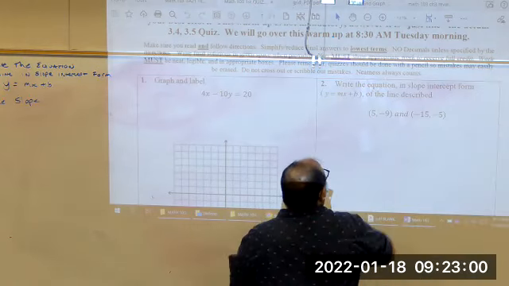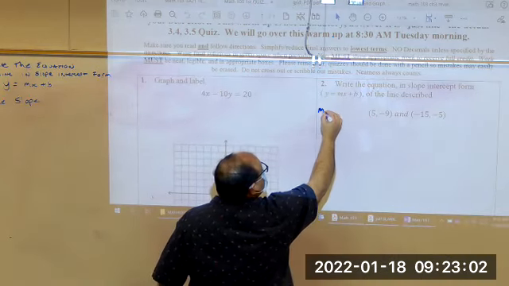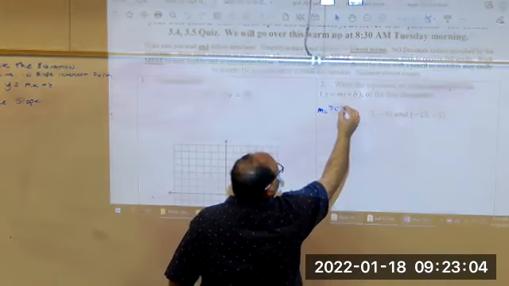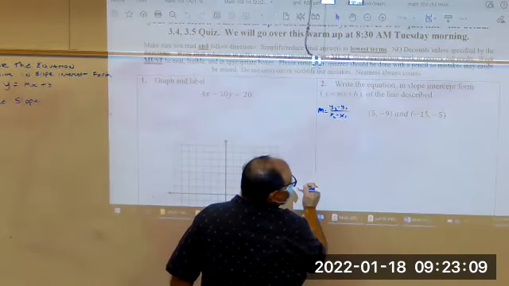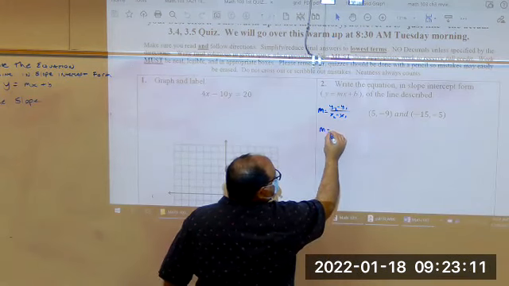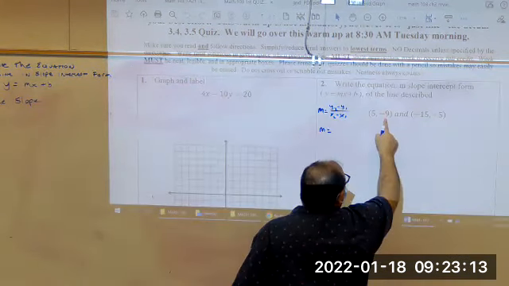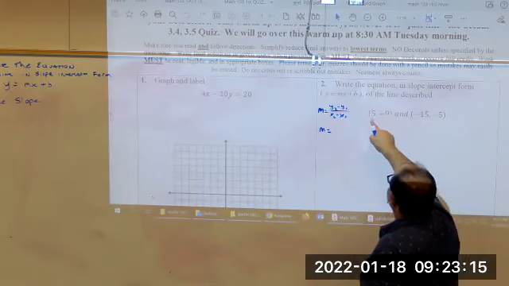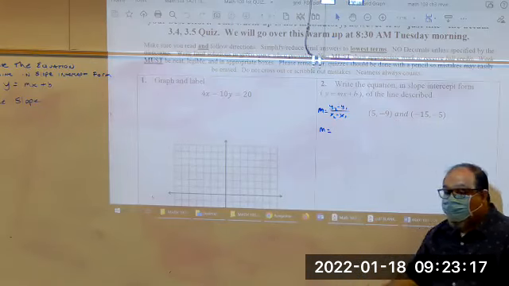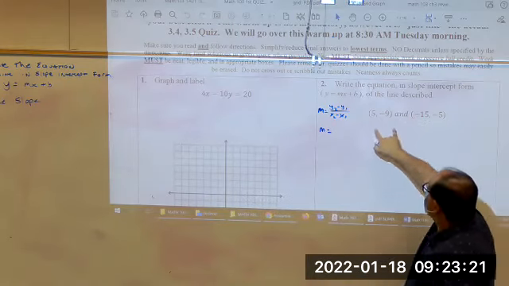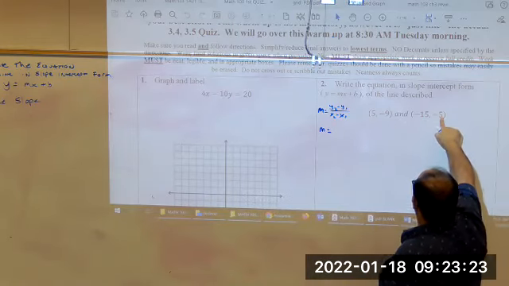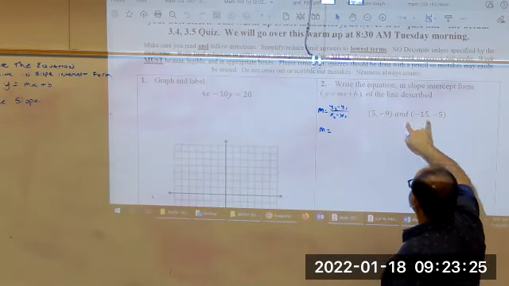So since I have 2 ordered pairs, I'm going to need slope equals y sub 2 minus y sub 1 over x sub 2 minus x sub 1. So my slope here, it doesn't matter which y you start with. I know that everybody wants to go, hey, that's my y sub 2 because it's the second ordered pair.